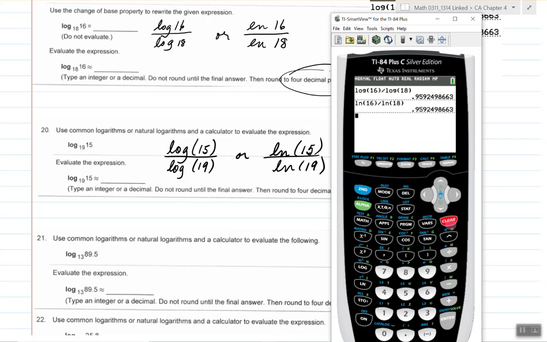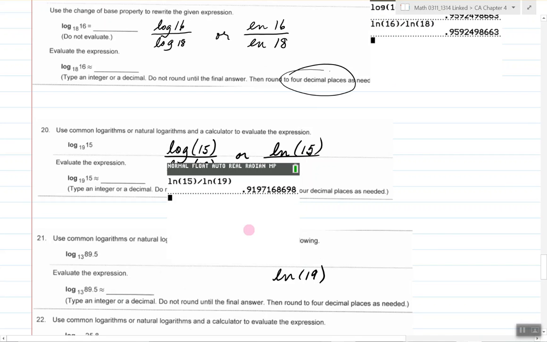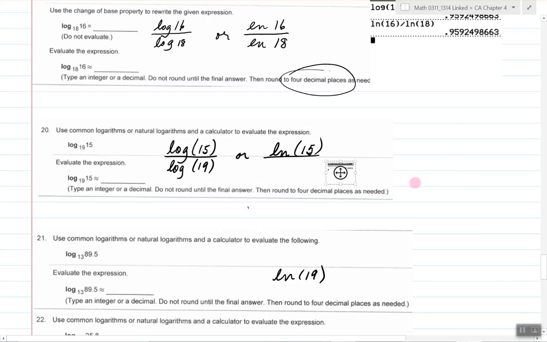So clear this. I'm just going to do ln 15 close divided by ln 19. Remember, ln is just a logarithm base e. Does not matter.